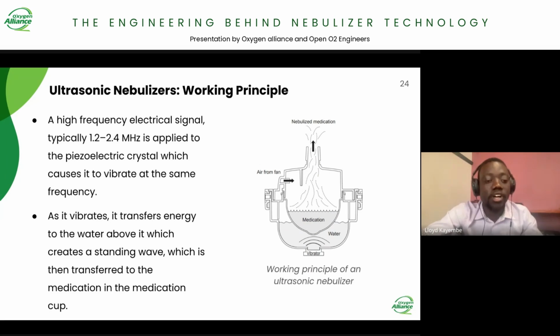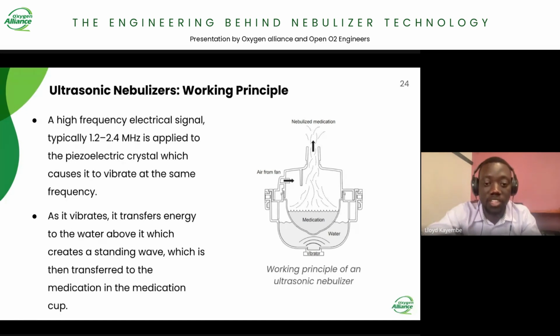All right, so let us now explore how all these components work together to produce the actual mist. On your right is an illustration of the entire ultrasonic nebulization setup. The nebulization cap, which contains the liquid medication, is placed on top of a small amount of water that is in contact with the ultrasonic device or the piezoelectric element.